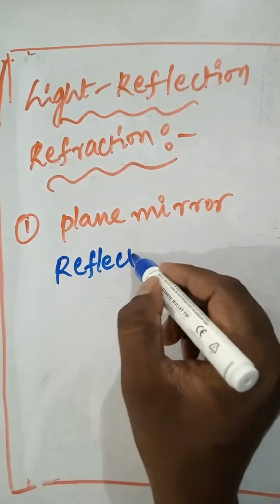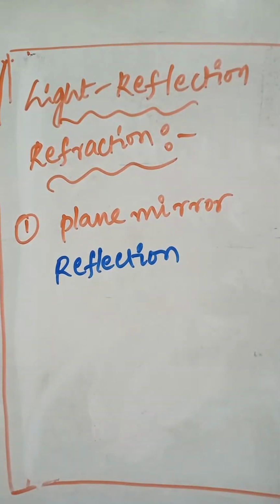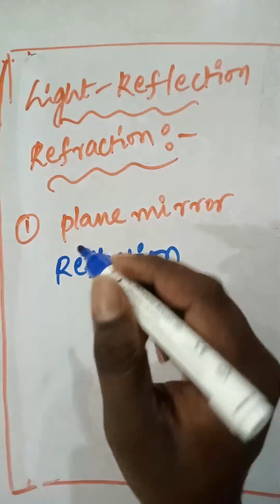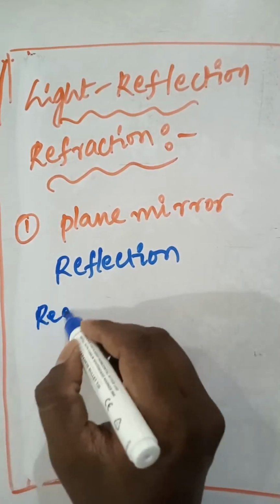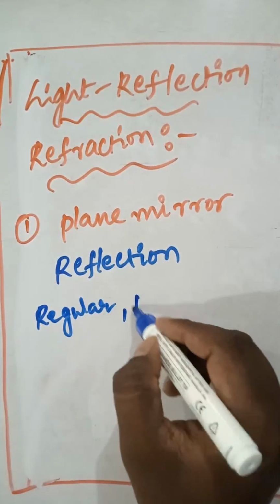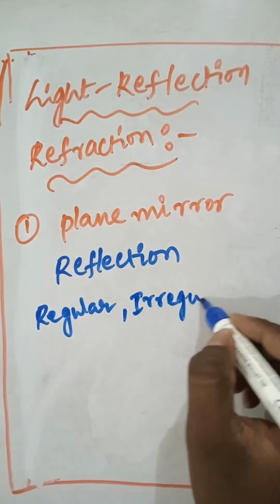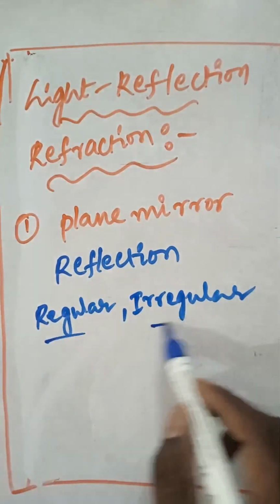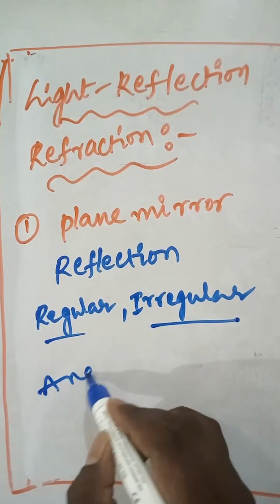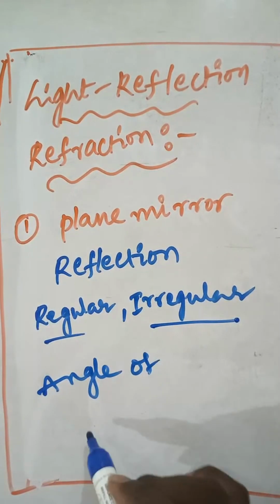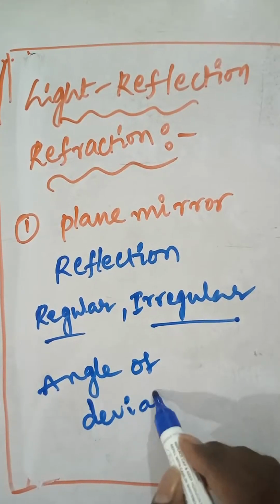Reflection part we'll discuss. And one more point: regular reflection and irregular reflection also we'll discuss. Then angle of deviation we'll discuss.